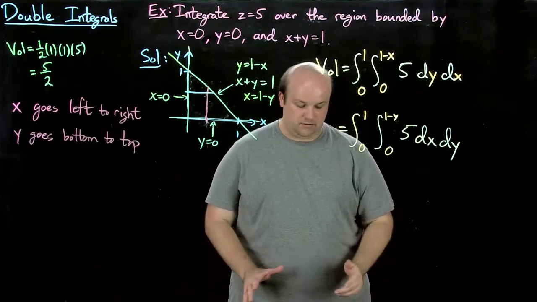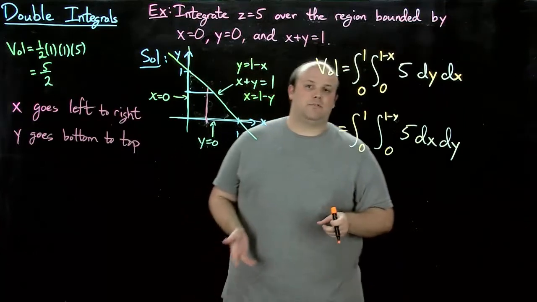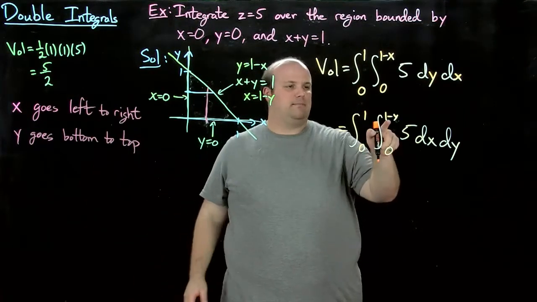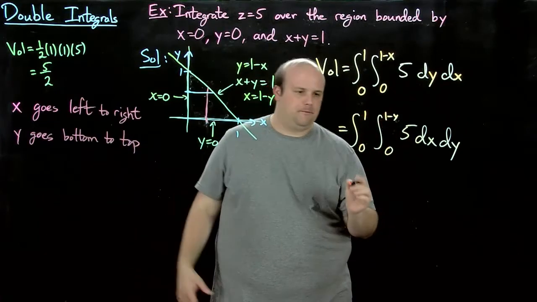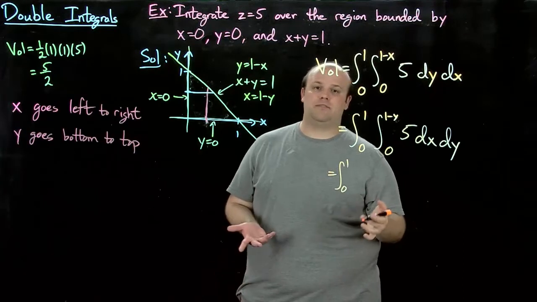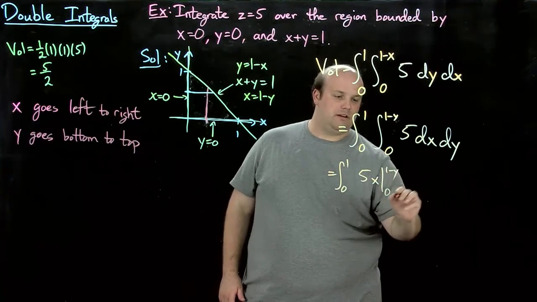Okay, so now let's finish computing this. When we compute this, it's pretty much exactly what we did before with the rectangle, except now there's a function. But no big deal. So 0 to 1. Integrate 5 with respect to x, that's just 5x, from 0 to 1 minus y.